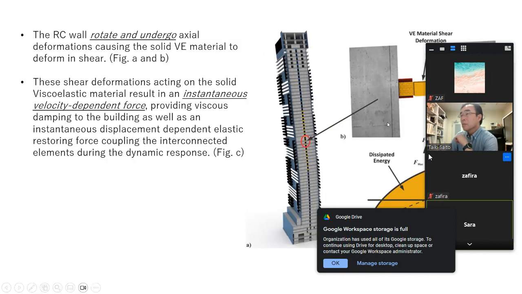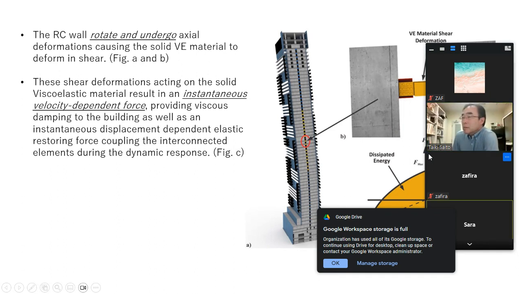From pictures A and B, we can see the RC wall rotate and cause axial deformation, causing the solid viscoelastic material to deform in shear, like here.